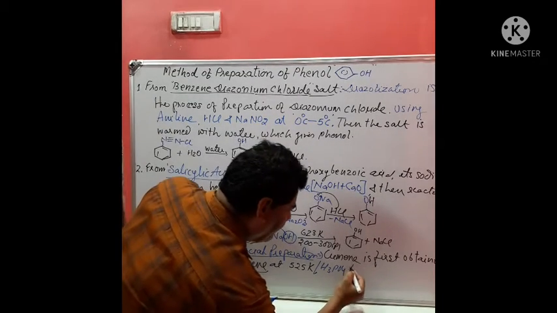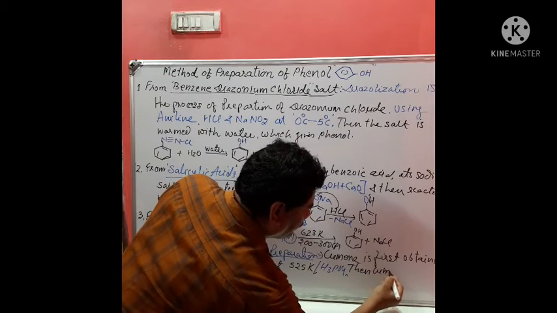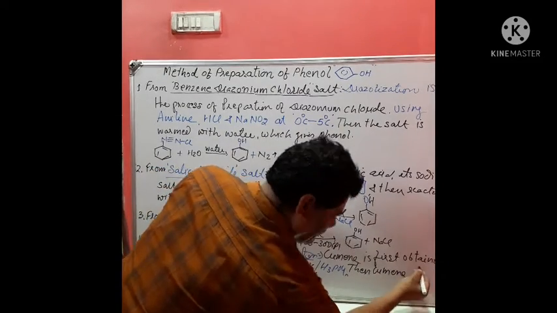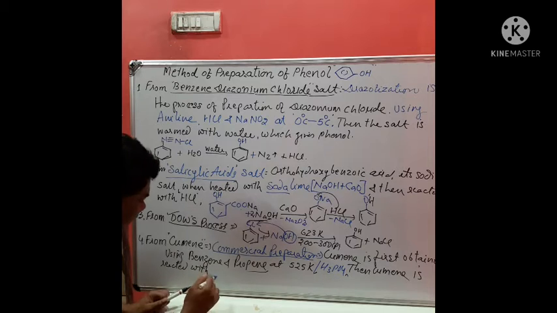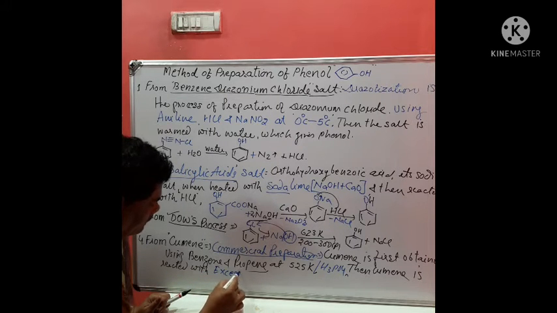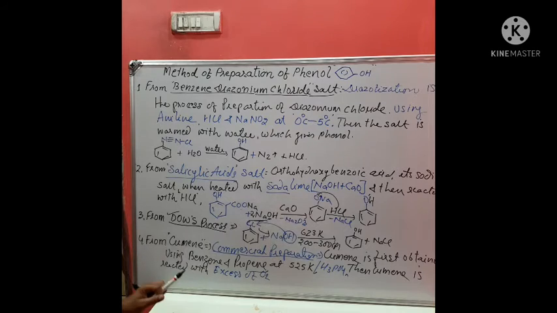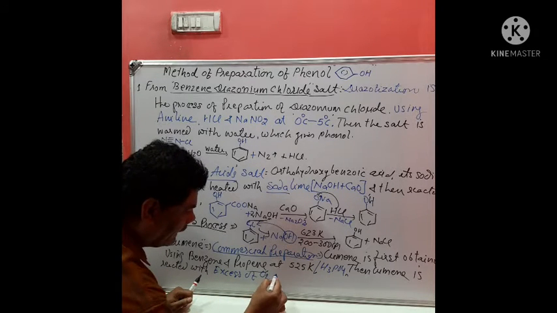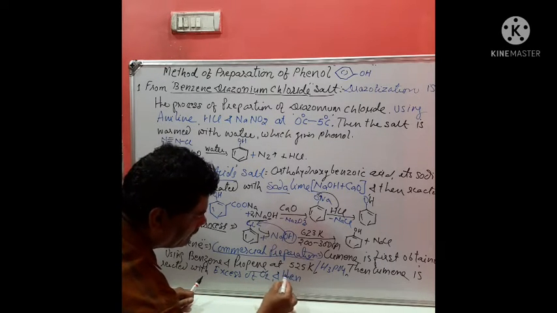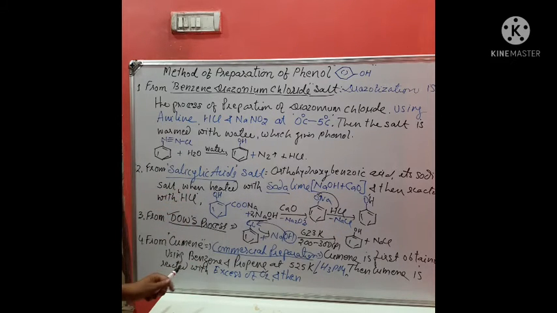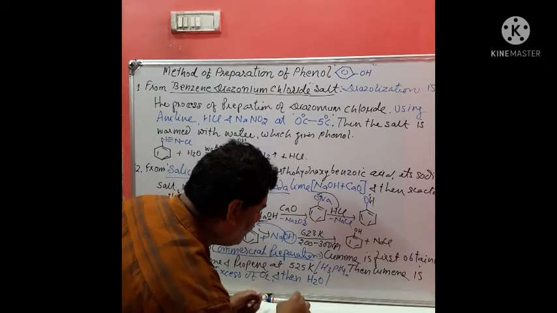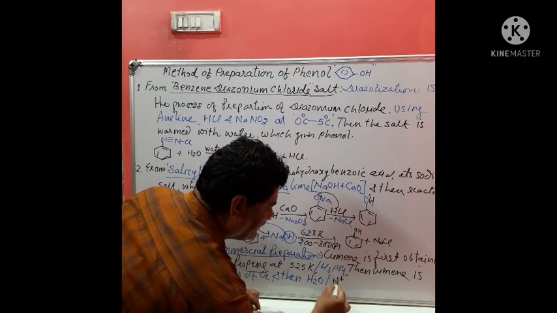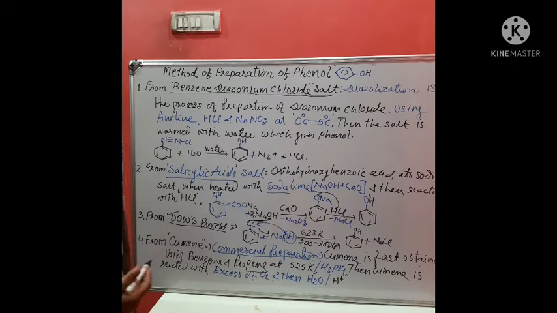Then cumene is reacted with excess of oxygen, and then it is hydrolyzed using what? Acid. It forms what? Phenol.